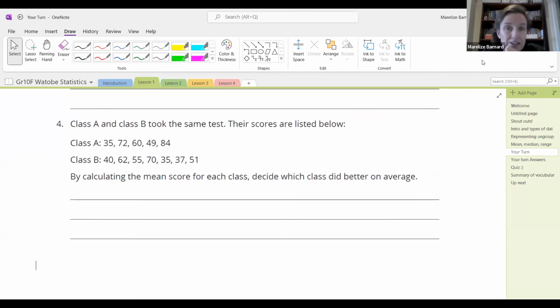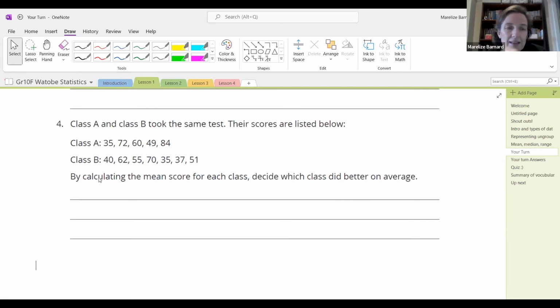We do not need to bother here in this instance with rearranging the data because we are only going to calculate the mean. If we were calculating the median, then we definitely need to put the data in order. But if we're just doing the mean, we can just calculate the mean without rearranging the data.